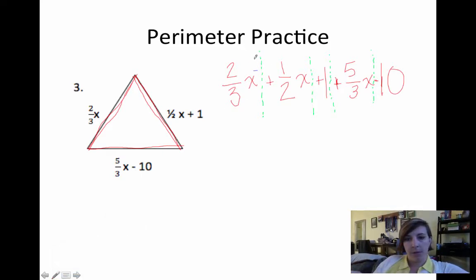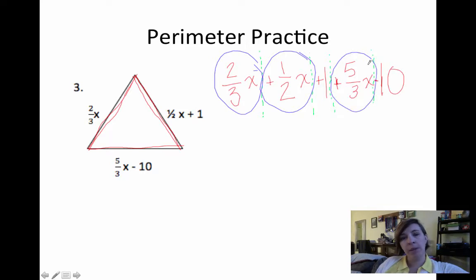So that would be 2/3 x, 1/2 x, and 5/3 x. Now, just like we learned about during our do now yesterday when we compared the fractions to put them in order, we can't add these fractions unless we have a common denominator. So common denominator means that the number on the bottom is the same for all of these. Our lowest common denominator for 3 and 2 and 3 is going to be 6.